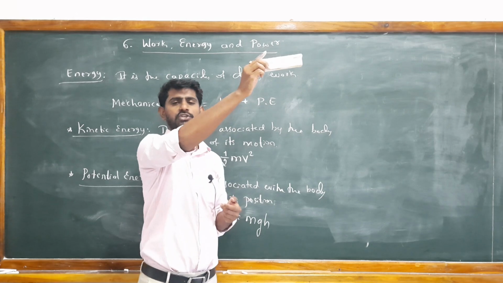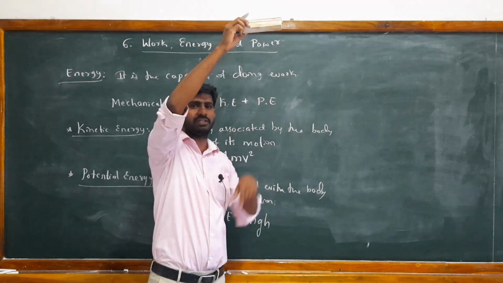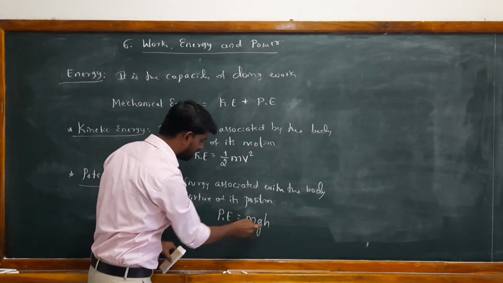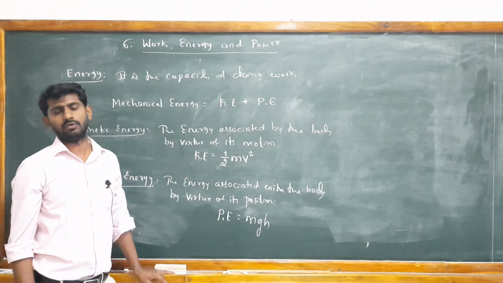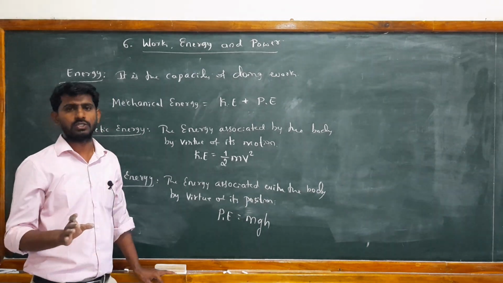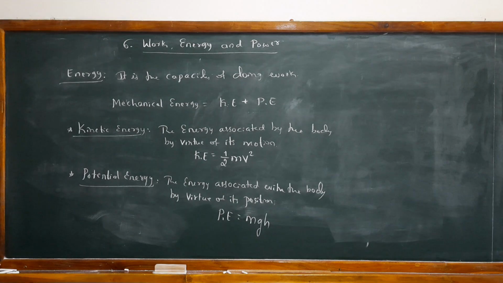So the potential energy increases. If I keep it at 15 meters, mg is as it is, but the height is varying. As height varies, the potential energy of that body increases with respect to the height of the position of that body. So this is about the potential energy, kinetic energy and the total energy.